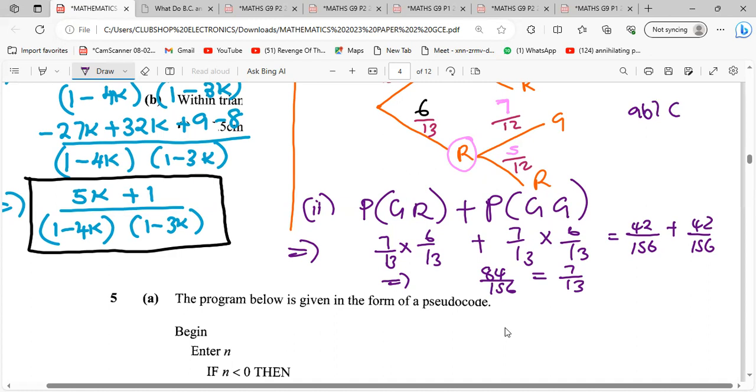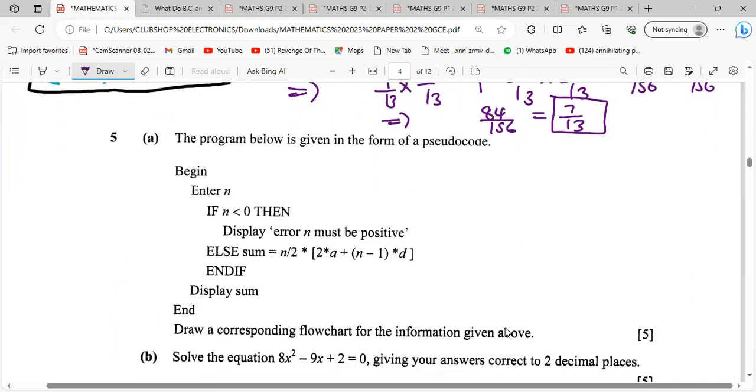Or you divide it yourself: 84 divided by 12 is 7, and 156 divided by 12 is 13. So you get that one as your answer.